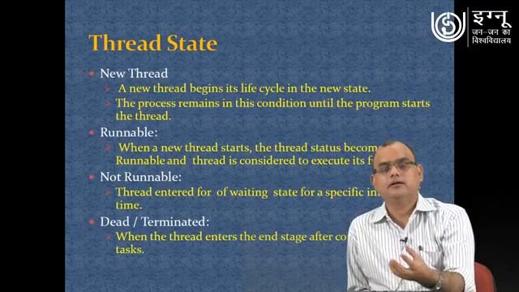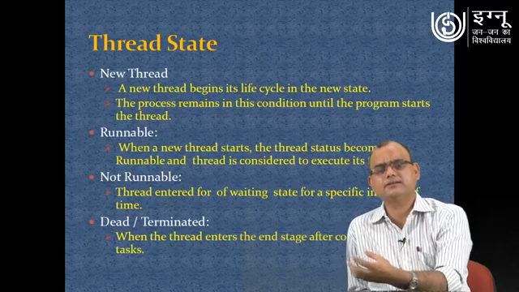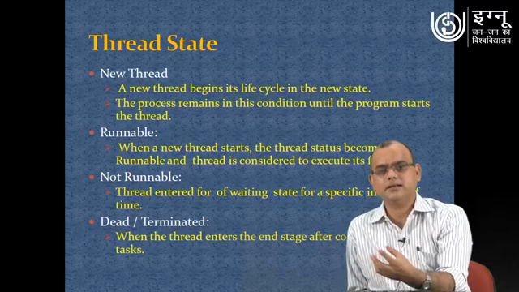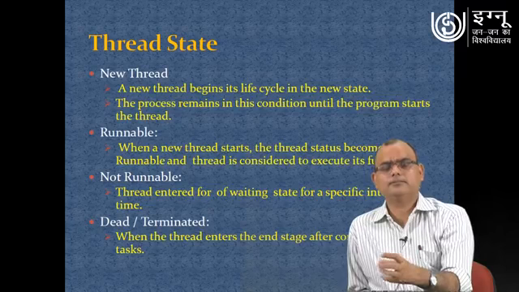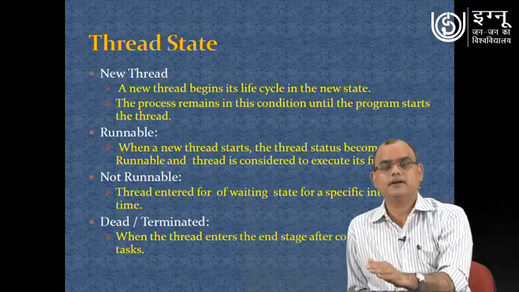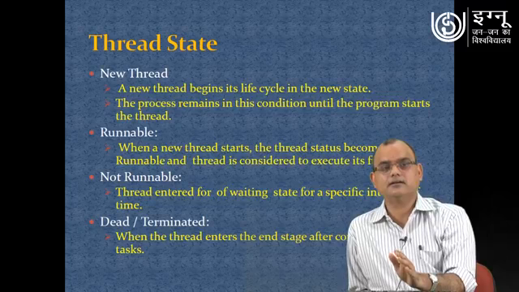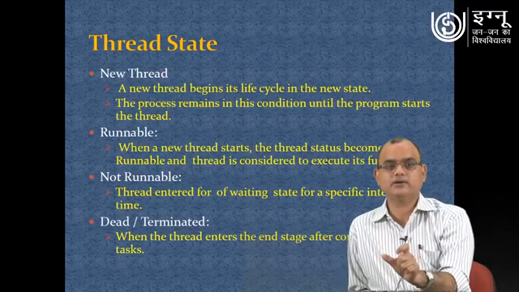Now, if we are talking about a thread, in simple terms a thread is a process. That process will have different stages; at different moments of time it will be in different states. The first is the new thread: once a thread is created, it is a new thread.